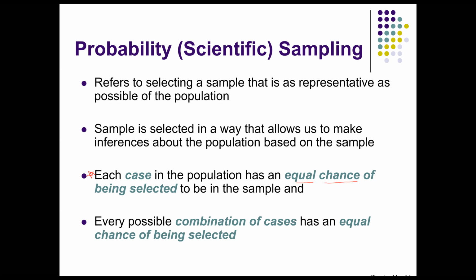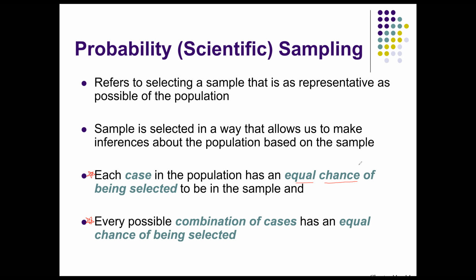Okay? And then the other important part of probability sampling is that every possible combination of cases has an equal chance of being selected. And what that refers to is if we're taking a sample of 100 students from CSUN, that every different possible combination of 100 students out of the 40,000 in the population also has an equal chance of being selected.